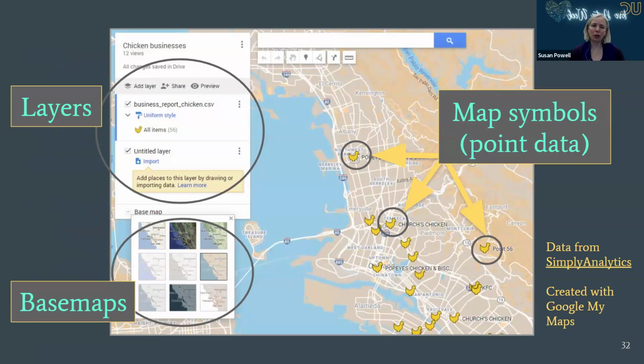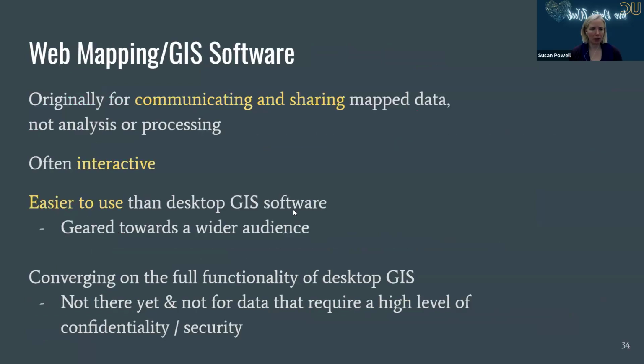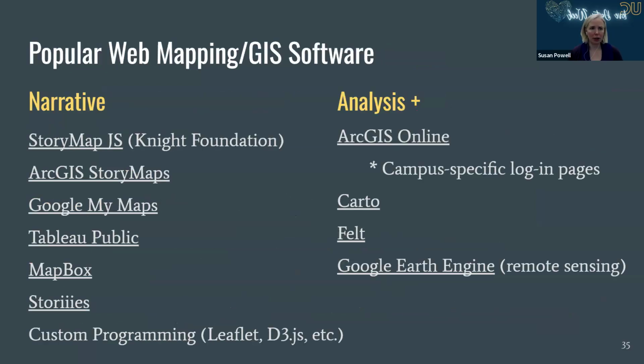It's storing information about what data is included and how that data is symbolized, versus the data itself. So it's basically stored as a separate file, the map document. I hope that helps. But I'm happy to go into more detail in the Q&A at the end.